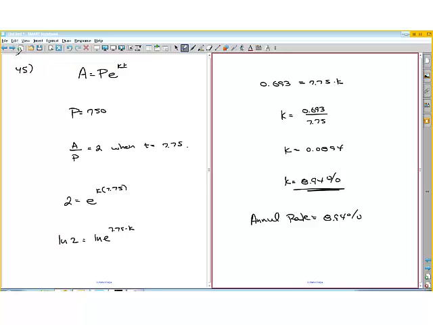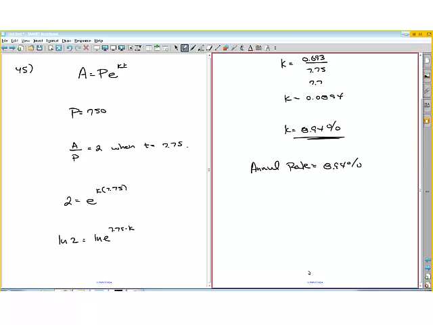Okay, that's great. So then all we have to do to find the amount after 10 years, so at t equals 10, the amount equals question mark. That's what we're trying to find out. So all we have to do is plug into the equation. The principal is 750. We have e to the k, which is 0.0894 times t.